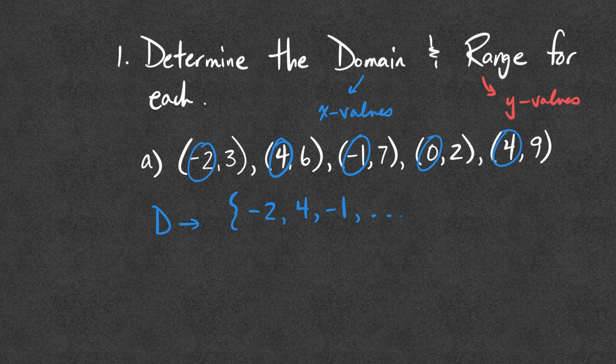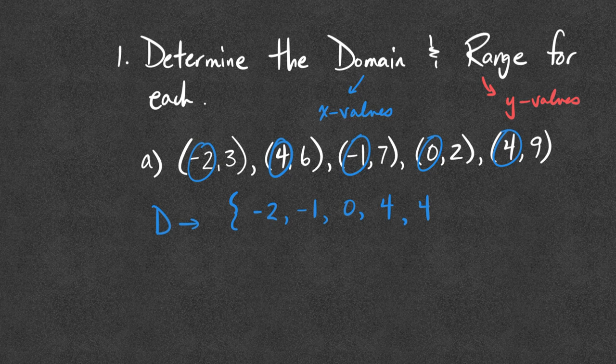When we list our domain, we list them in increasing order. So I'm going to look across all my X values and find the smallest one. Then I'm going to increase from there. My next largest, my next largest. Now, we also don't repeat values.